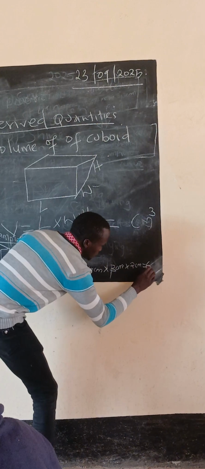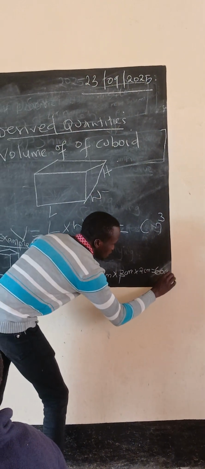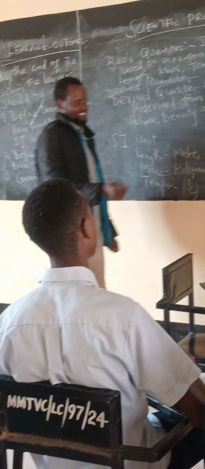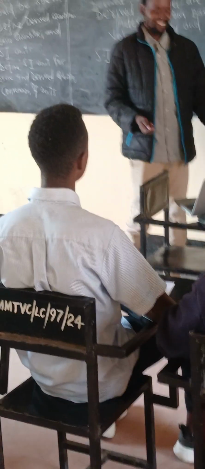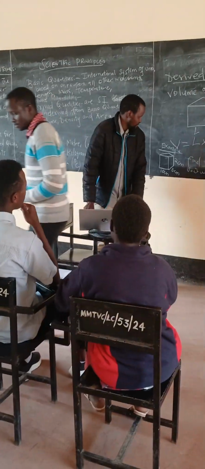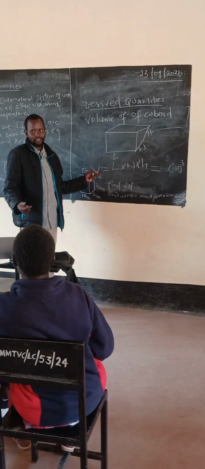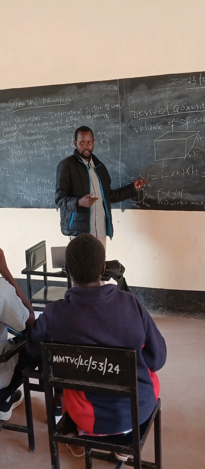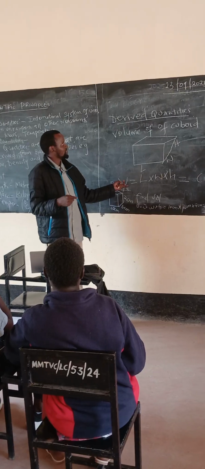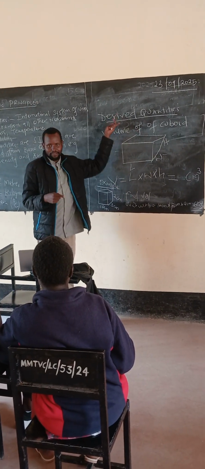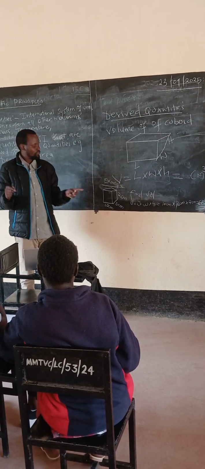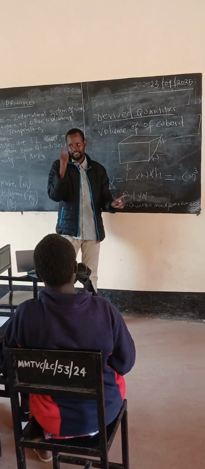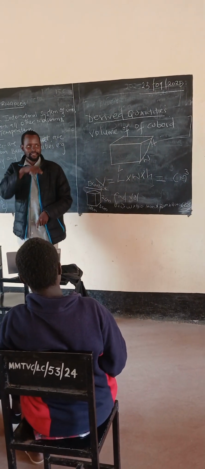So I have 60 cubic centimeters. That is how that thing is calculated. Okay? But bear in mind, in physics, we are finding volume, and that volume is what is called derived. We derived it from the length, the width, and the height of that cuboid. That is the measurement, right?